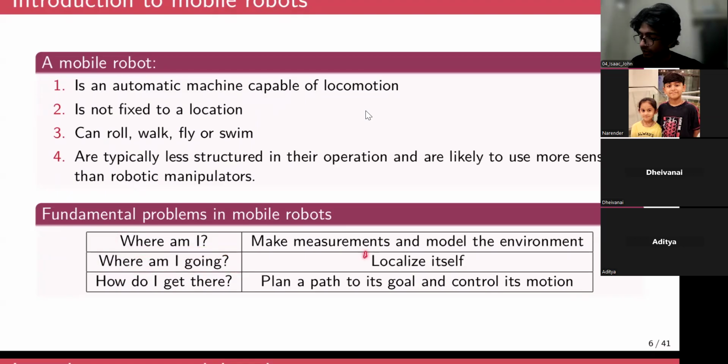And the answer to it has to localize itself, right? The reason is that even though it has a map, for example, if you consider this as a map, and this is the current position of the robot, it does not know where its relative position is. And for example, if you have a target position, maybe I'll call this the goal position.